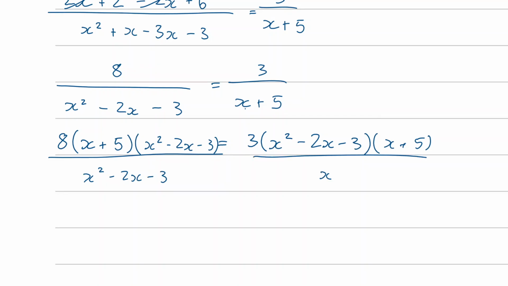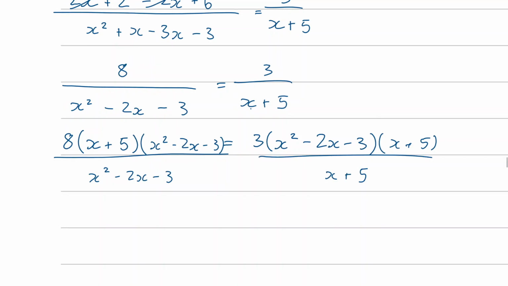Okay, here we go. So what I meant by that step is we multiplied both sides, because it's an equation. Whatever we do to one side, we have to do to both sides. So we multiplied both sides by x plus 5. We also multiplied both sides by x squared minus 2x minus 3. Again, equation, so we have to do it on both sides.